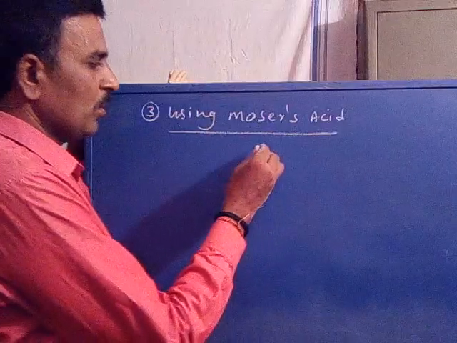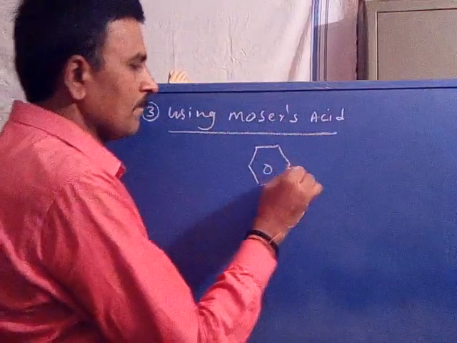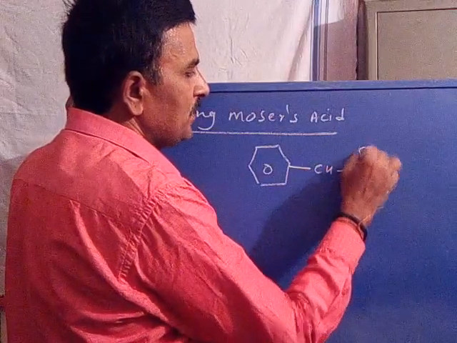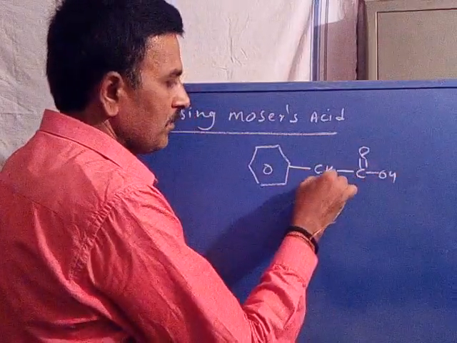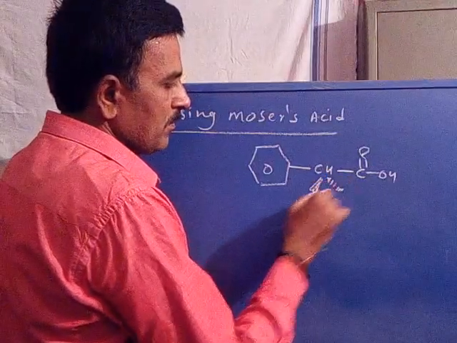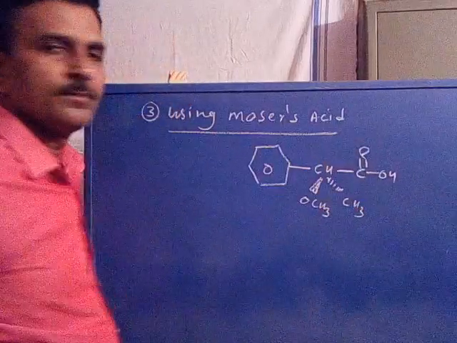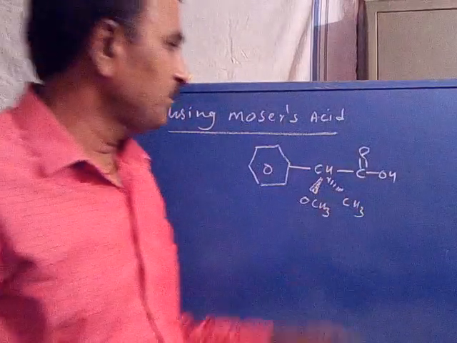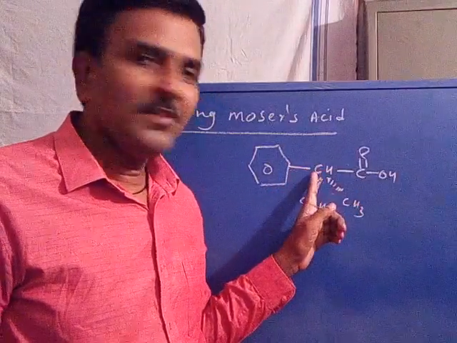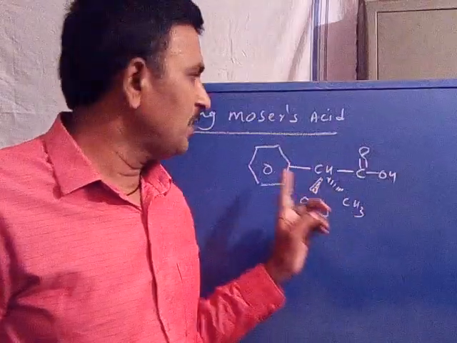Moser's acid is CHCOOH with OCH3 and CH3. This is Moser's acid, a phenyl acetic acid. On the CH carbon there are two groups, OCH3 and CH3.